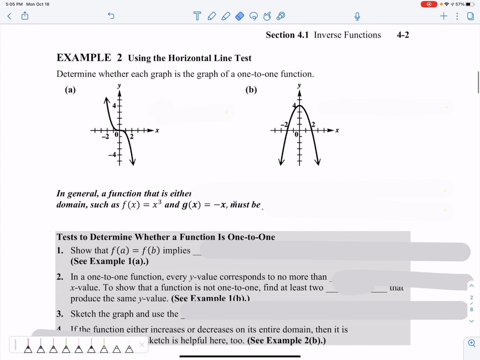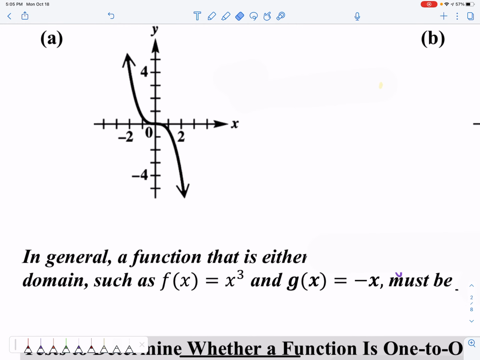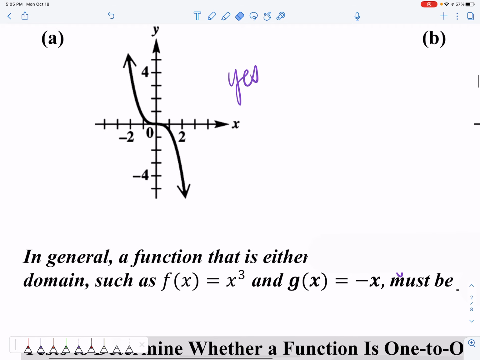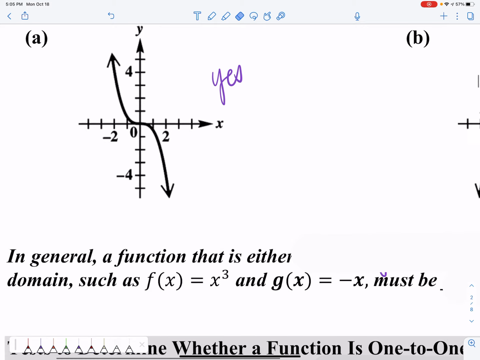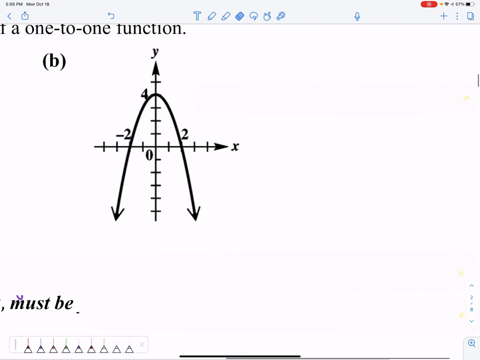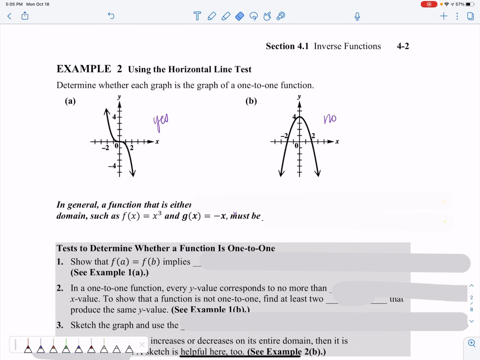So if we use the horizontal line test for these two graphs, we ask ourselves, does this pass the horizontal line test? Well, this is just the cubing parent. It looks like it's been reflected over the x-axis, and so yes, it passes the horizontal line test. However, this is a parabola. No, it does not pass the horizontal line test. It would hit those in two places.